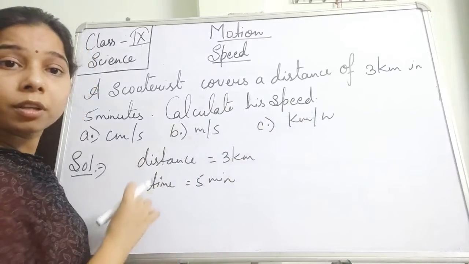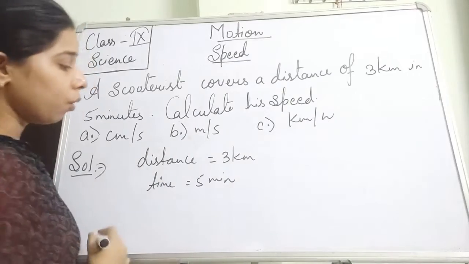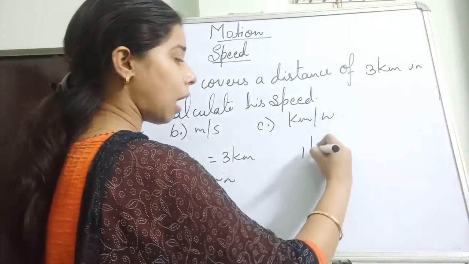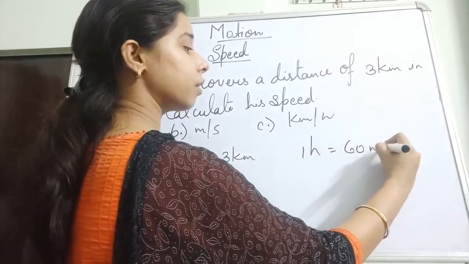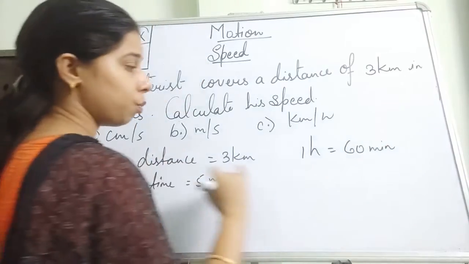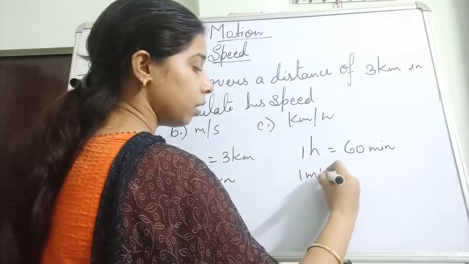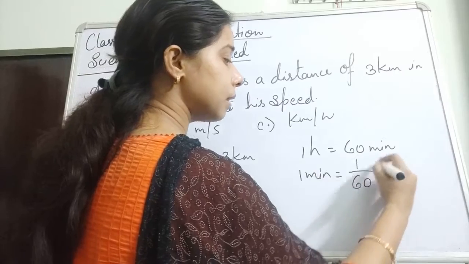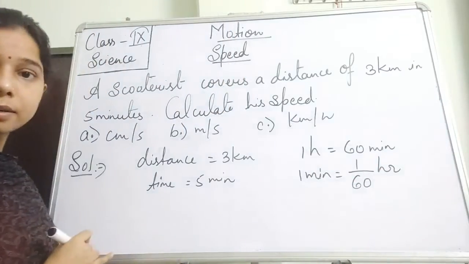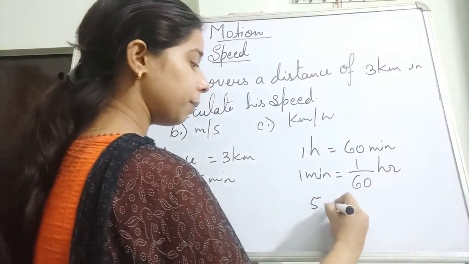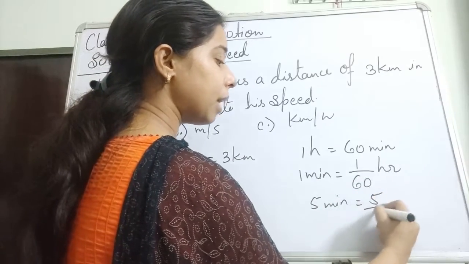Now we have to convert it into hours. We know that 1 hour is equal to 60 minutes. That means 1 minute is equal to 1 by 60 hour. So 5 minutes will be equal to 5 by 60 hour.